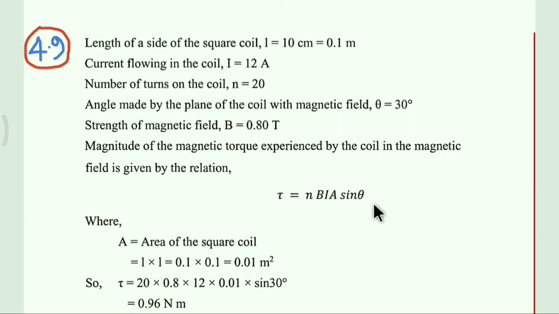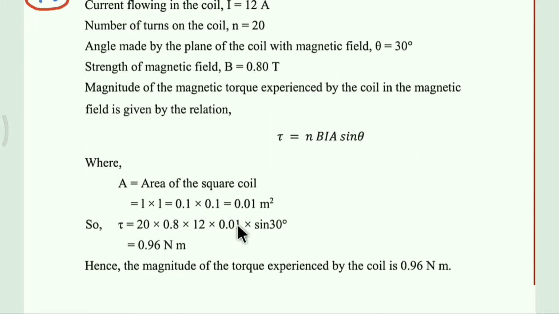Already I have discussed all these formulas in my videos and in my classes, so you can check it out. Tau is equal to NBIA sin theta, where A is the area of the coil, already we have found out, that is 0.01 meter square.